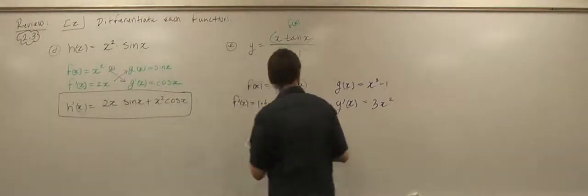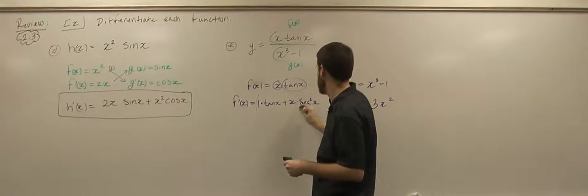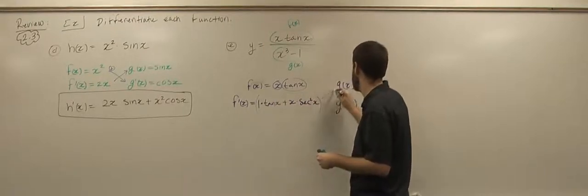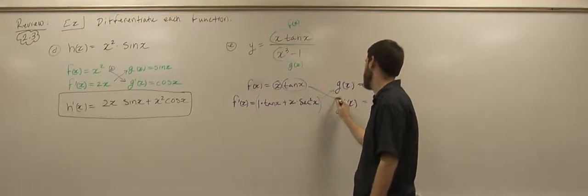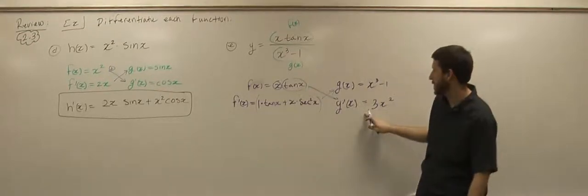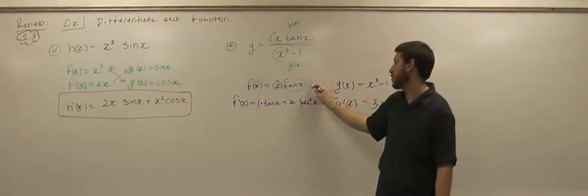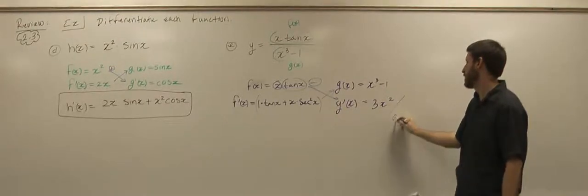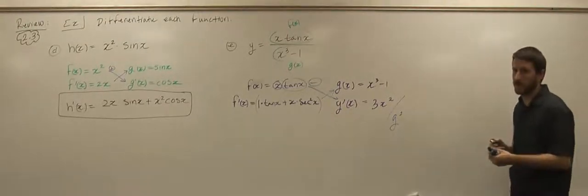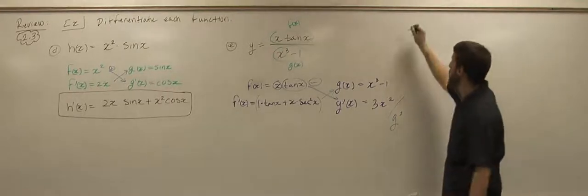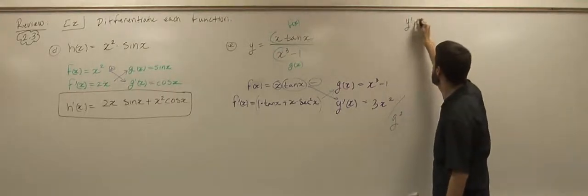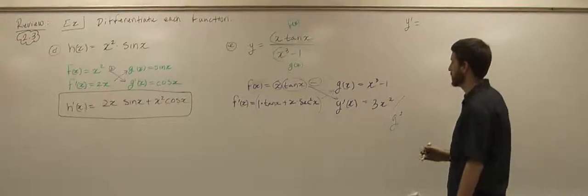So then this whole monstrosity would have to get multiplied by this guy. It's not that big actually, but this guy would have to get multiplied by this guy. Because it's quotient rule, you're going to subtract. Divide by g. So the derivative equals, let's see if I can fit this.